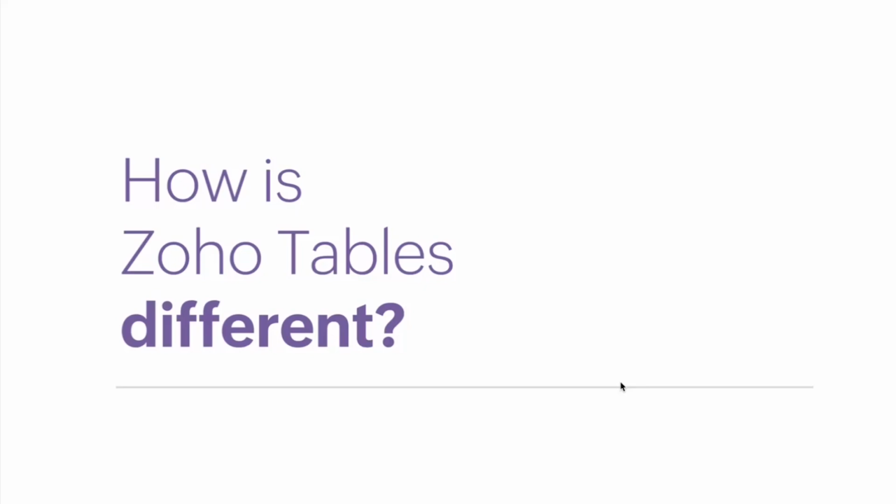So how is Zoho Tables different? So all of these apps do the same, but the difference is, we saw an example of the creative director, right? So when you replace that persona with someone else, for example, a sales manager or a procurement manager, their use cases are going to be entirely different.